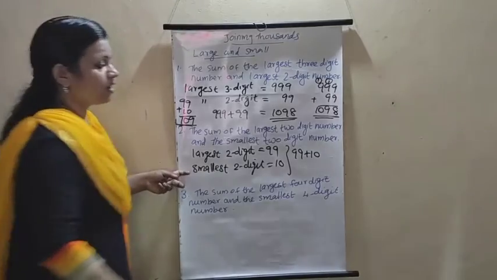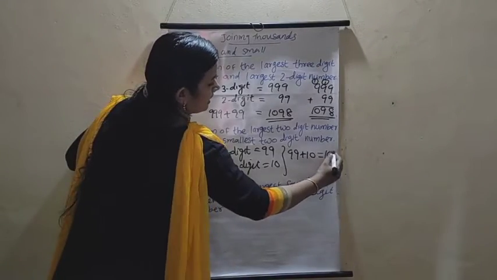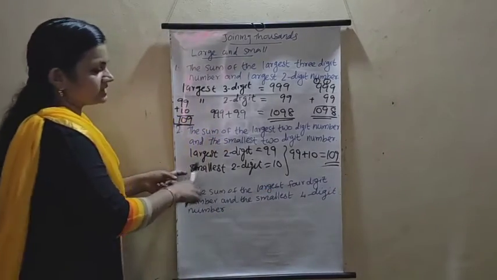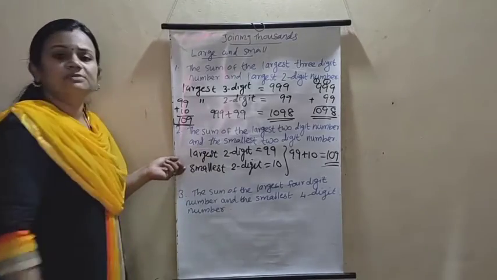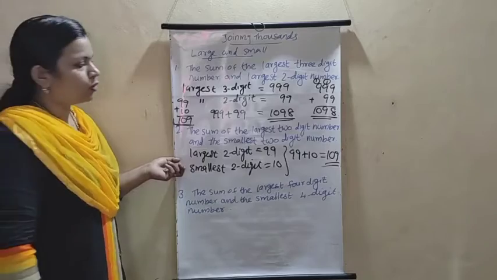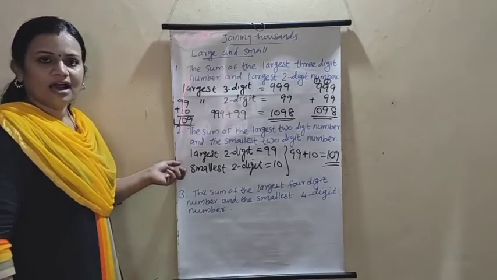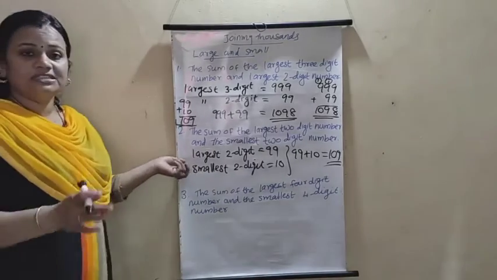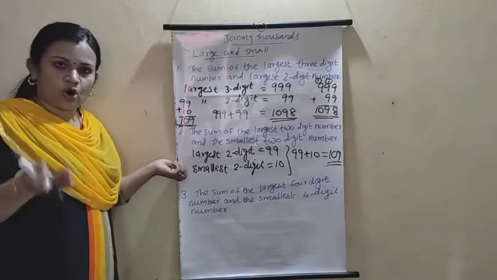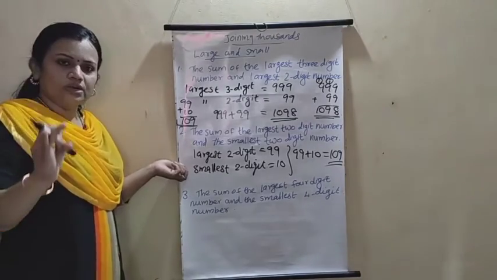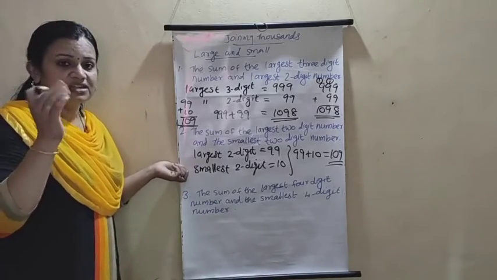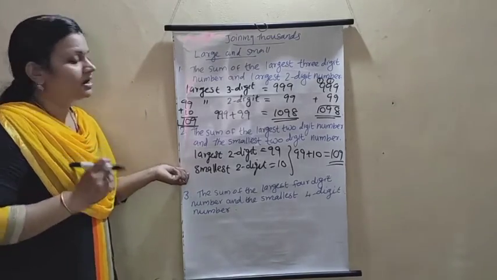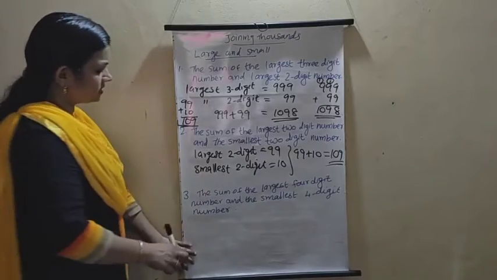Then what is the answer? 109. This is the sum of the largest 2-digit number and the smallest 2-digit number. Understood? So you should study the largest and the smallest 1-digit, 2-digit, 3-digit and 4-digit numbers that we learned in the first chapter. Do you remember?